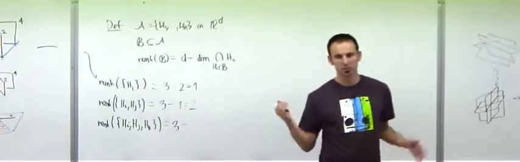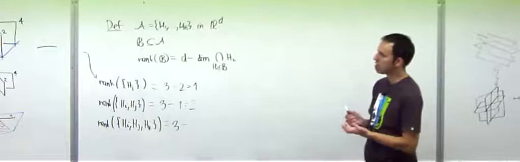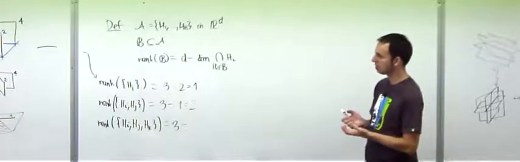What about the rank of Hi, Hj, Hk? This is 3 minus the dimension of the intersection of Hi, Hj, and Hk. And now you see that it's not so immediate.